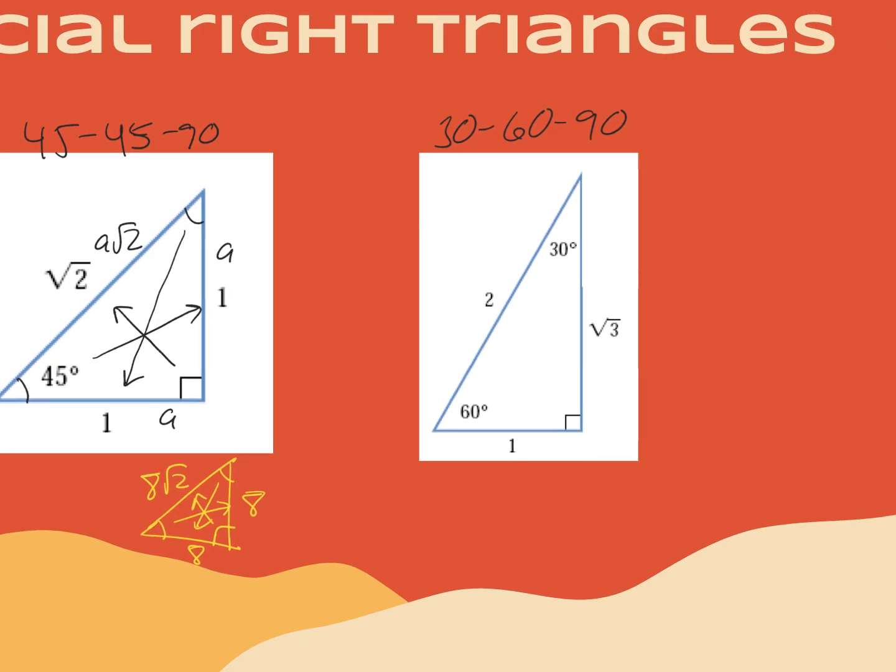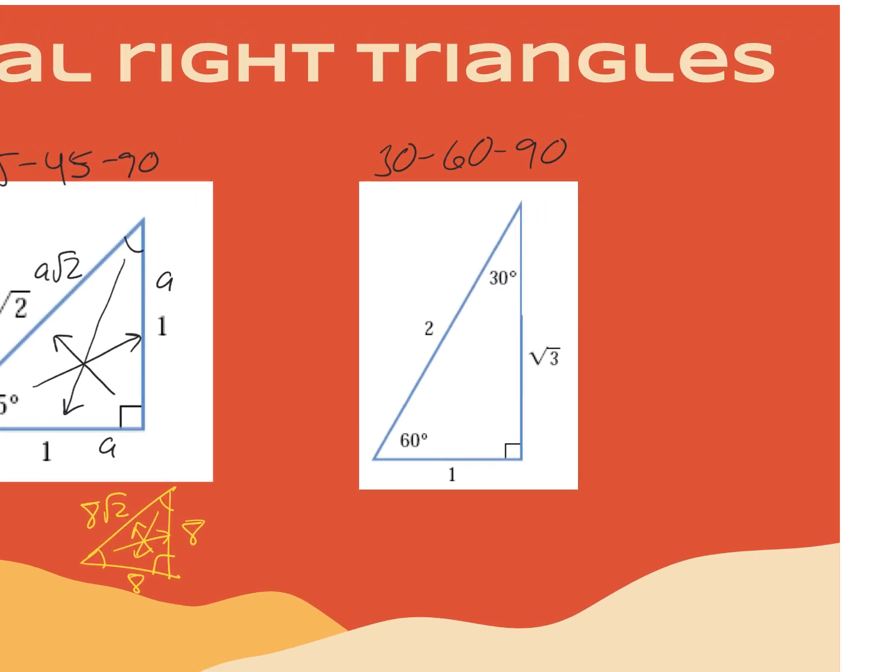The other special right triangle that you guys learned about last year was this 30, 60, 90 triangle, right? We have another rule here where the shorter leg, in this case it's 1, so again, sometimes you call it A, sometimes you call it S, maybe you use X, right? It doesn't really matter.